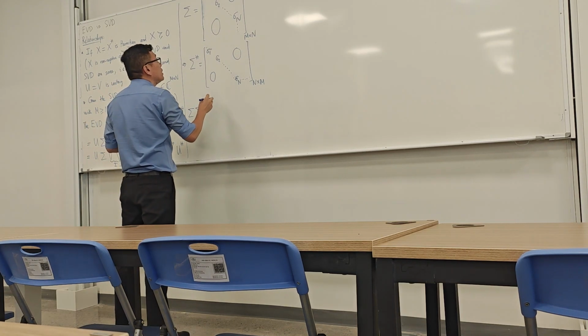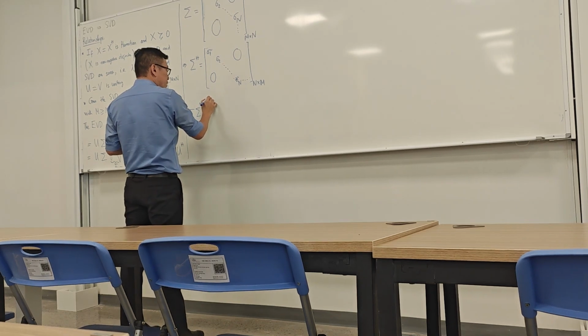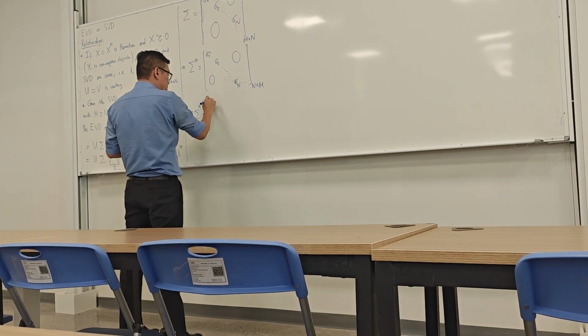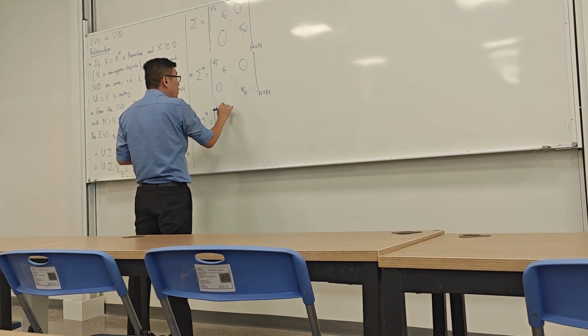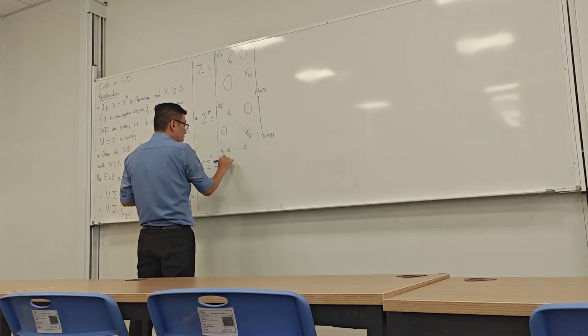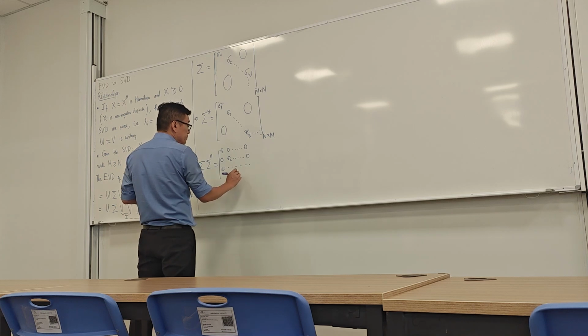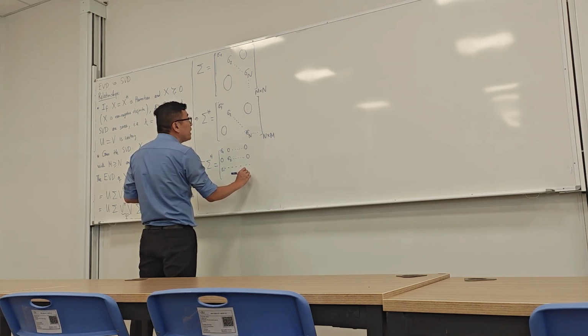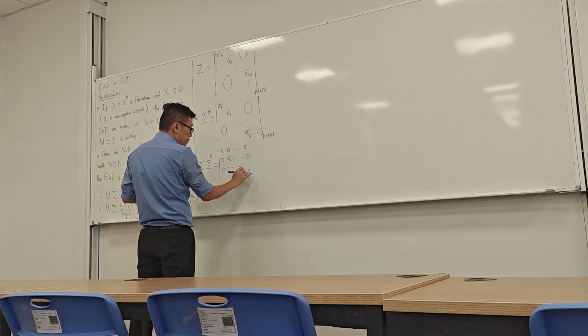And what is it here, everyone? Maybe I should write explicitly a little bit more. Sigma 1, 0, and so on. You have 0 here, then you have sigma 2, and all 0 here, and this goes on to some point where this is sigma n. Then you have 0 here and so on.